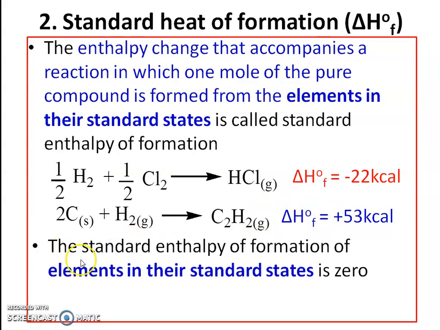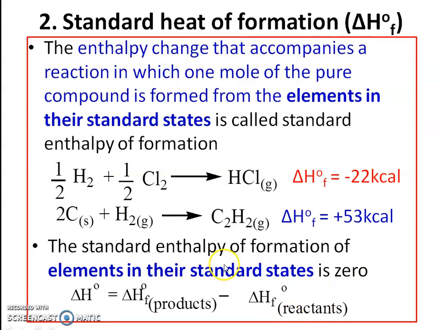Already I told you the standard enthalpy of formation of elements in their standard state is 0, and the elements in standard states may be pure hydrogen, chlorine, oxygen, and their enthalpy of formation is considered as 0. Now from enthalpy of formation, we can find out the standard heat of reaction.